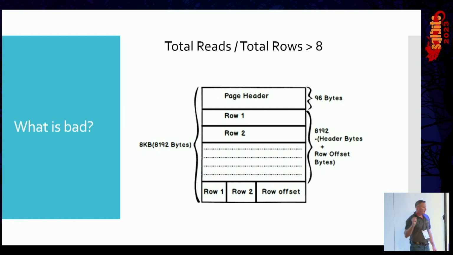But the big thing to state here is that my inefficiency score that I calculated is probably off by an order of magnitude or two, because I'm looking at page reads versus rows desired. So it's way worse than 8, let's say in my case.